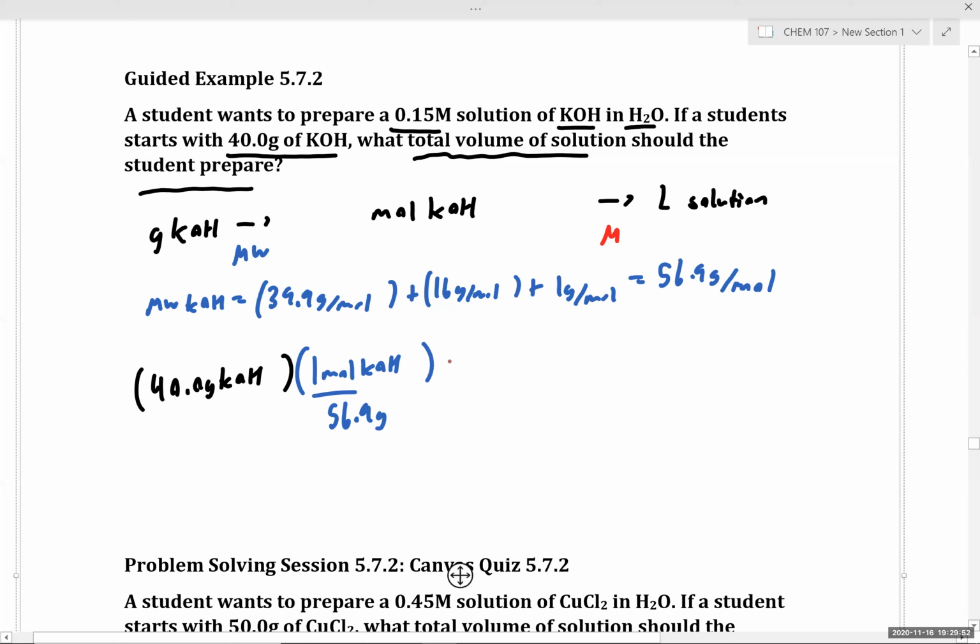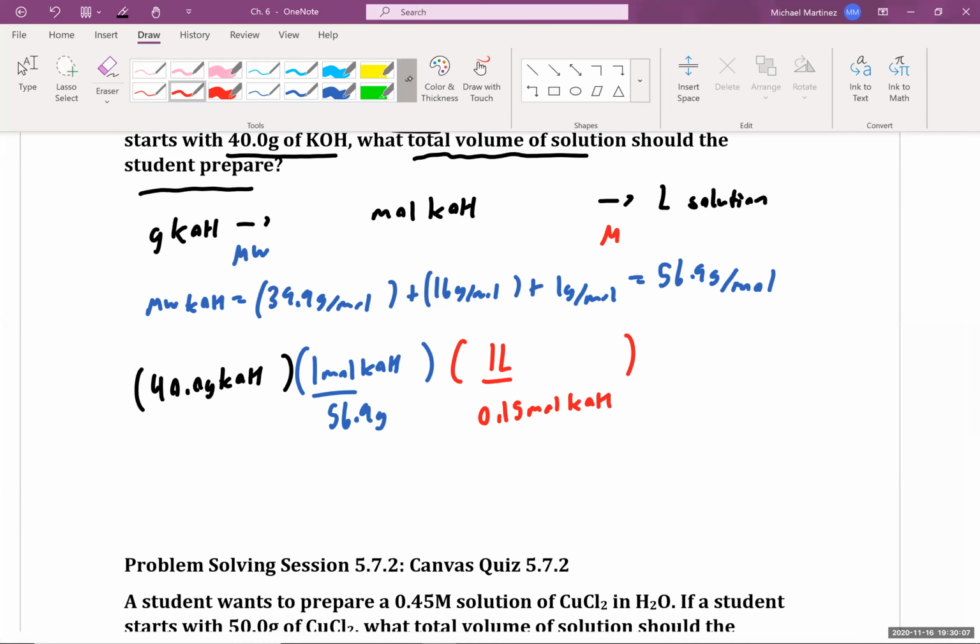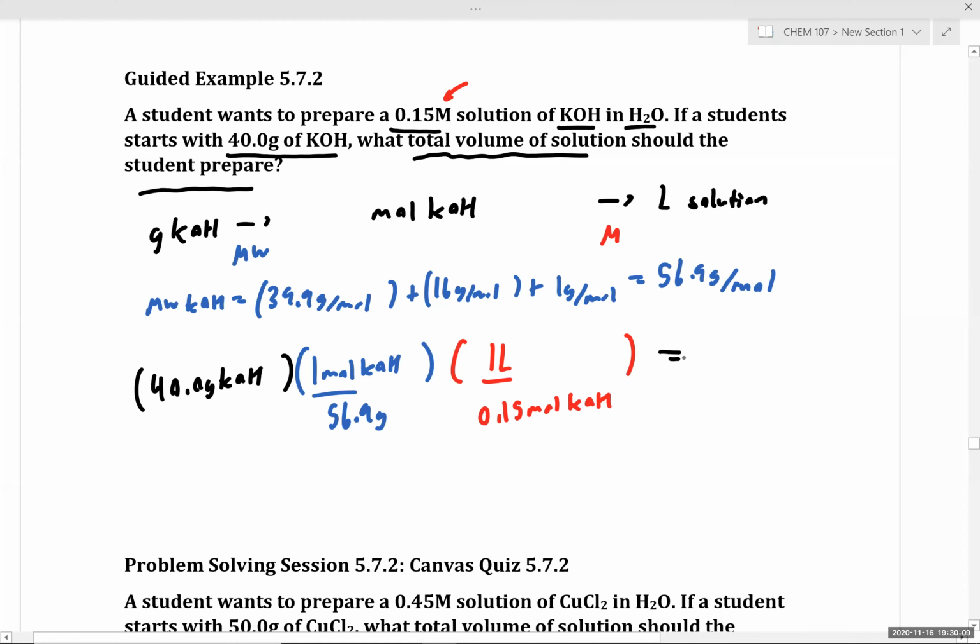And now to go from moles to liters, we know that in 1 liter of solution, based on our molarity, we have 0.15 moles of potassium hydroxide. So punching that into our calculator, we have 40 over 56.9 divided by 0.15, and that in turn gives us 4.7 liters of solution.